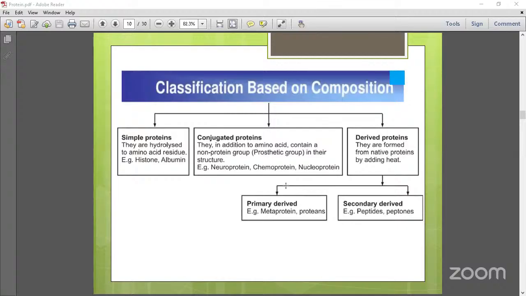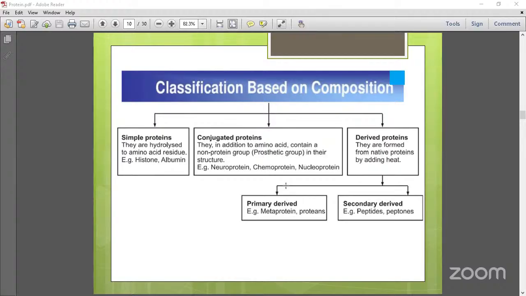And the classification depending upon the composition of the proteins: simple proteins, conjugated proteins, and derived proteins. Simple proteins are hydrolyzed to amino acid residues. When the proteins are hydrolyzed, it produces the simple proteins, those were histone and albumin.